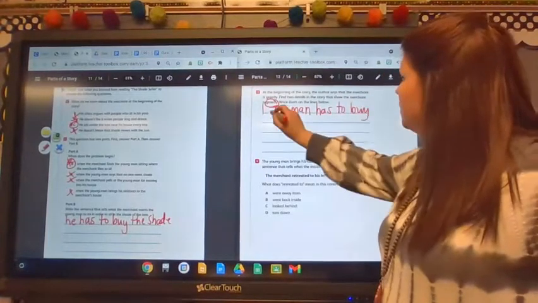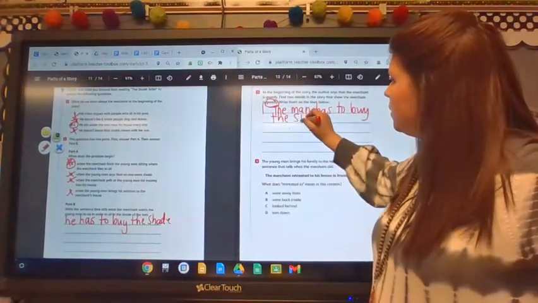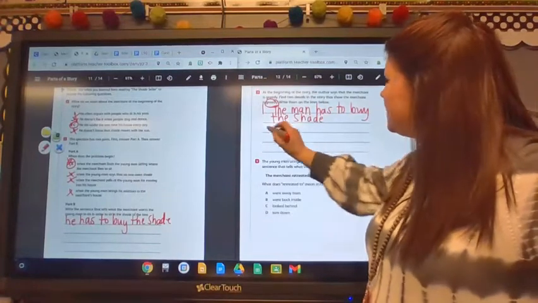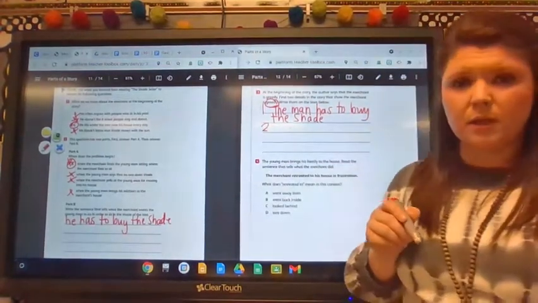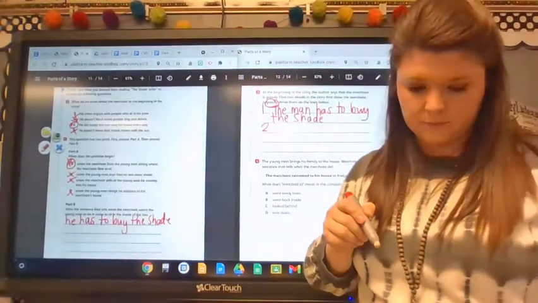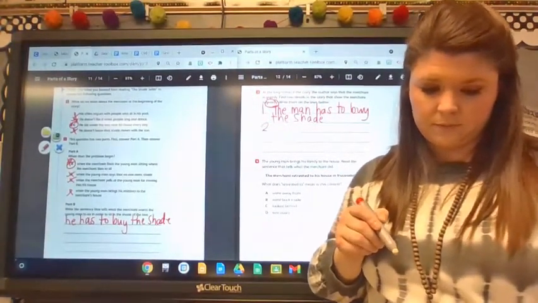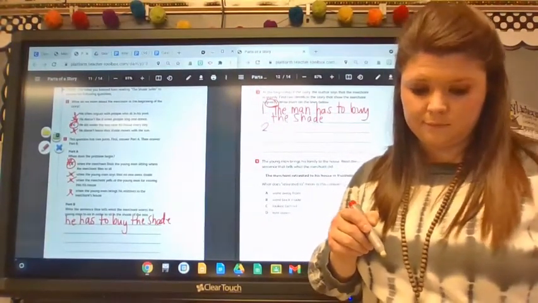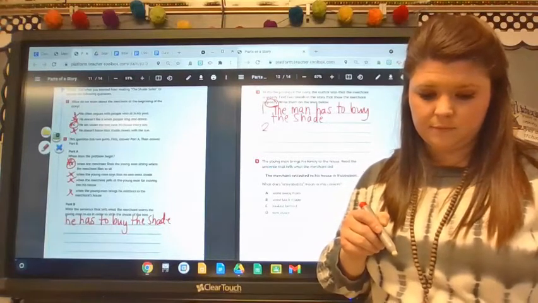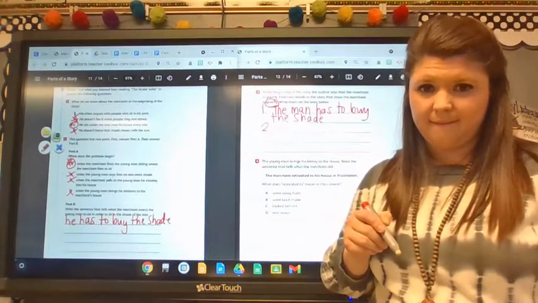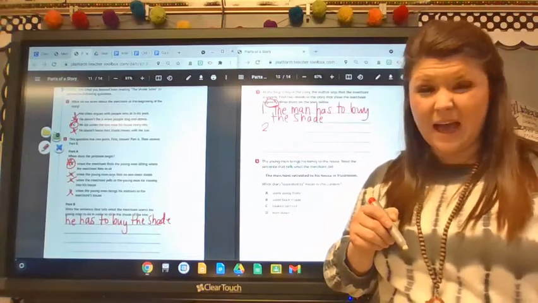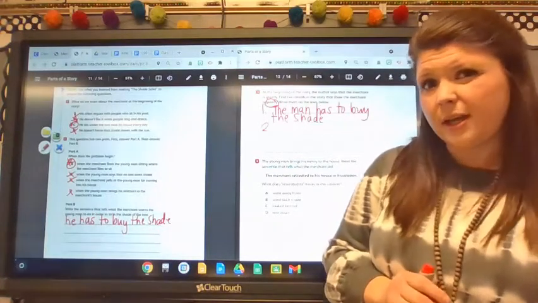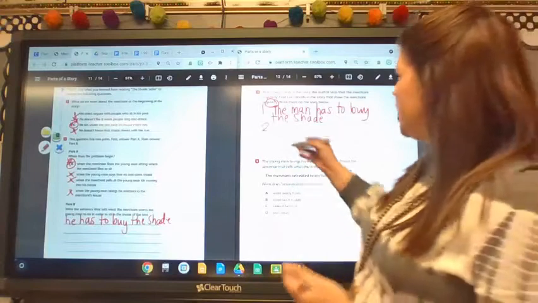Okay. What's another time that shows that the merchant is greedy? Yeah, he says that he owns the tree, which means he owns the shade.